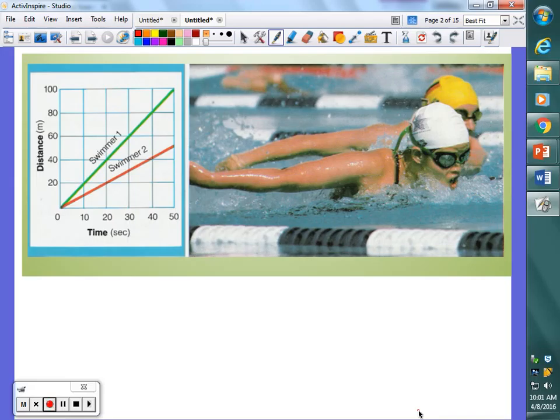We'll go through it together. It's in 20 seconds. 20 meters. Meters per second.